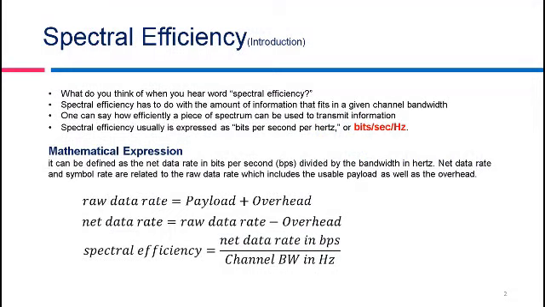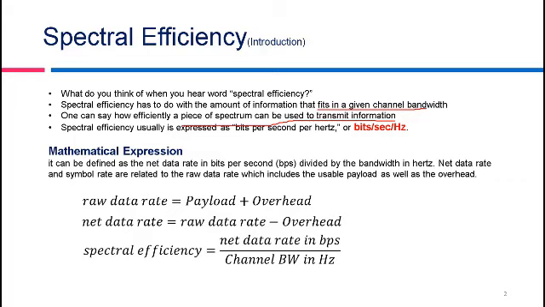Let me start by asking you a simple question. What do you think when you hear the words spectral efficiency? Spectral efficiency is nothing but the amount of information that can fit in a given channel bandwidth, or one can say how efficiently a piece of spectrum can be used to transmit information or some bytes of data.